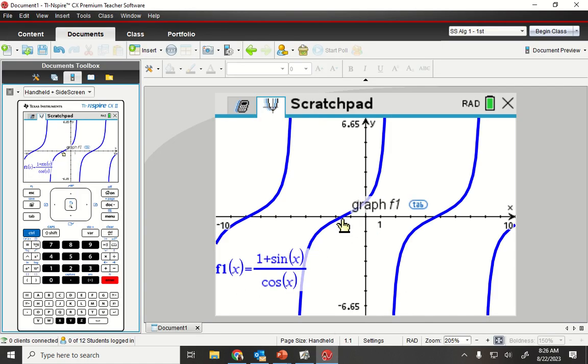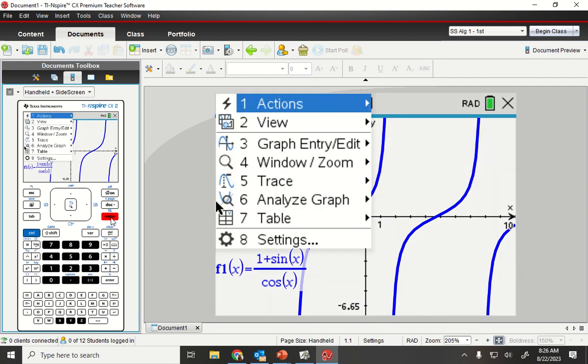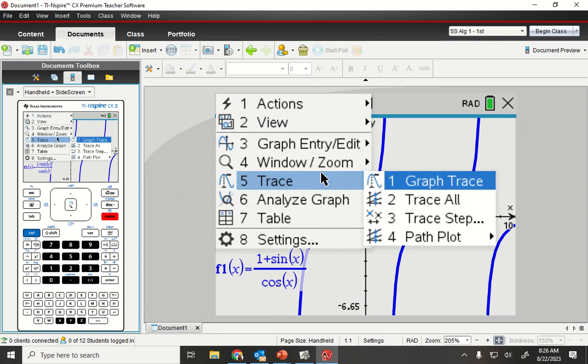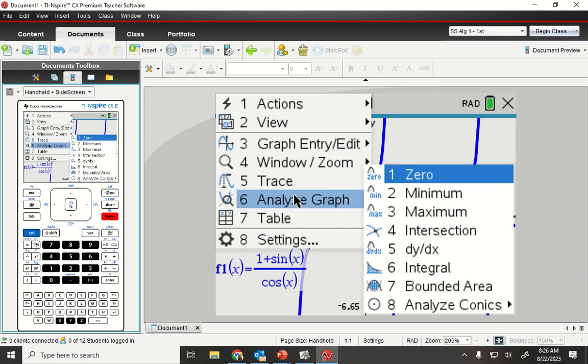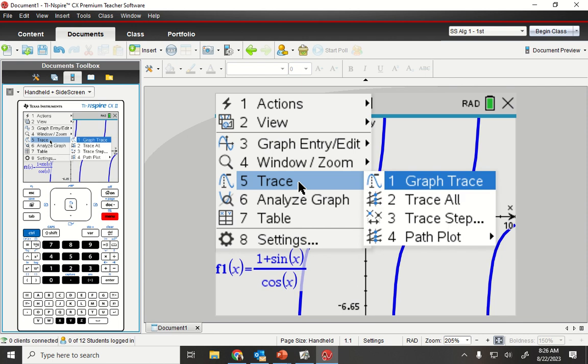So as x approaches 0, from the left side, it looks like it's going where? 1. Yeah, it looks like it's going to 1. So watch this. I'm going to hit menu, graph trace. So right here, trace. Or you could even analyze graph, but it's easier to just trace it.